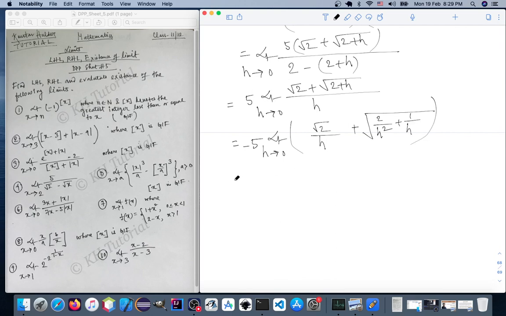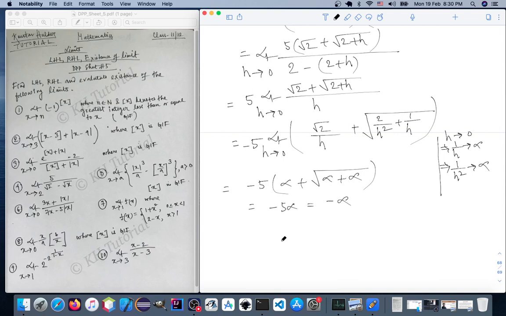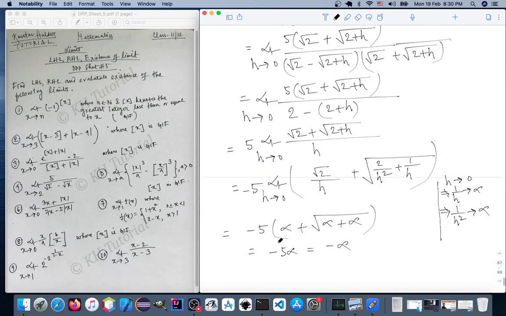Now as h tends to 0, 1 by h tends to infinity, implies 1 by h square is also tending to infinity. So this becomes minus 5 times root over infinity plus infinity. This is minus 5 infinity, this is minus infinity. So the LHL is infinity and the RHL is minus infinity.